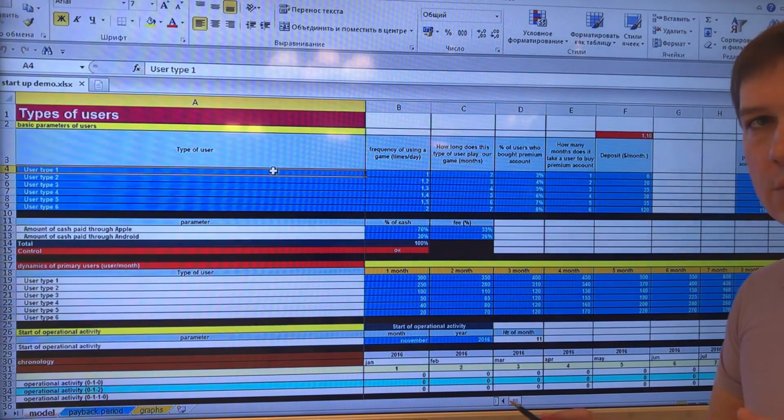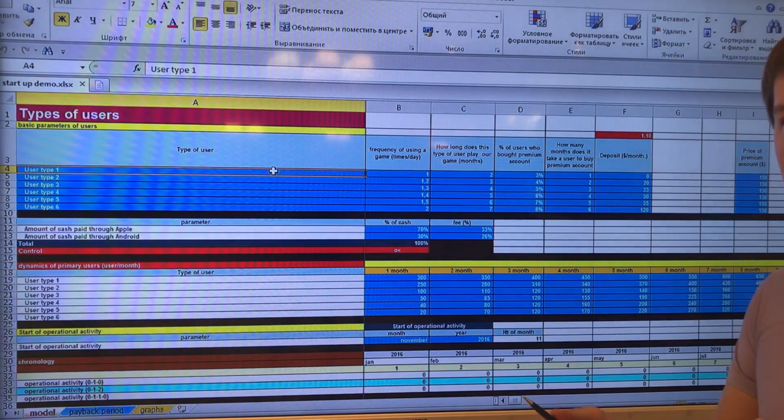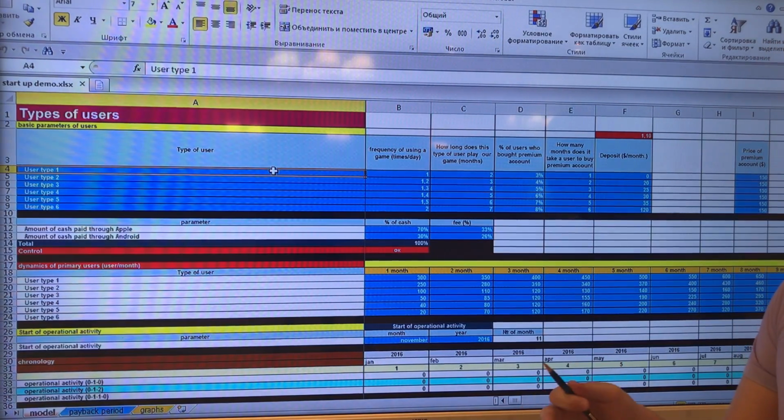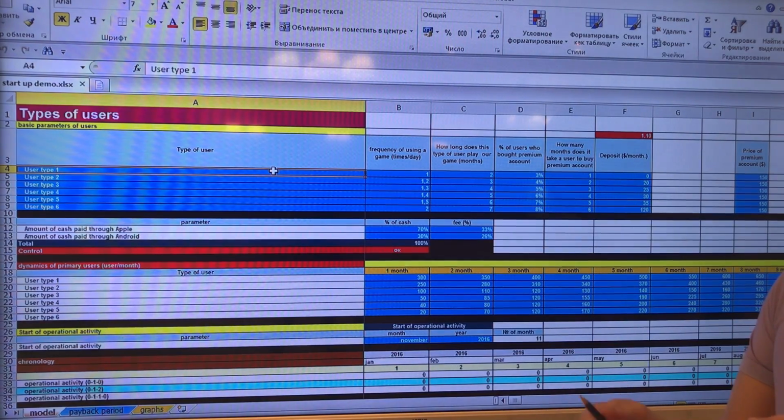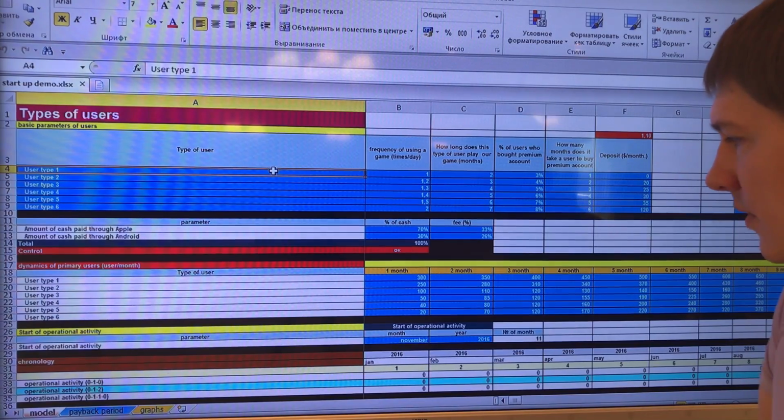When you do the financial model monthly, you are able to see it. If you do it in yearly projections, you won't be able to see it. It is impossible to see.